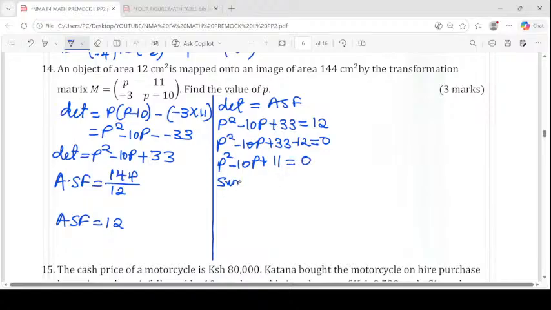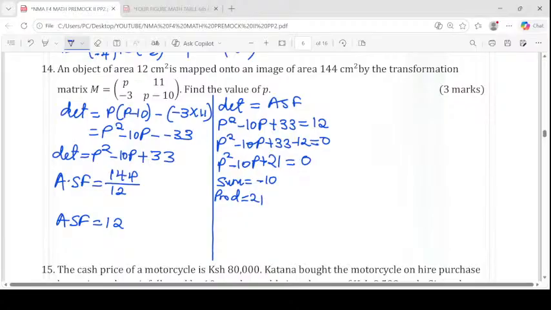I'm looking for two numbers such that the sum is negative 10 and the product is 11. Where do we have these numbers? No, I've done this one wrong. 33 minus 12 is 21, not 11. This should be 21. I was wondering why it was not working.